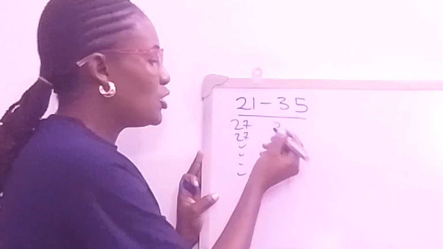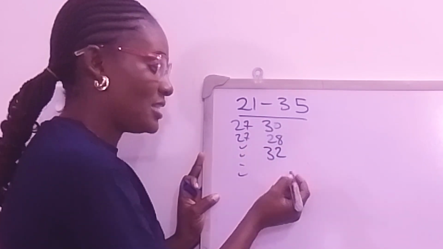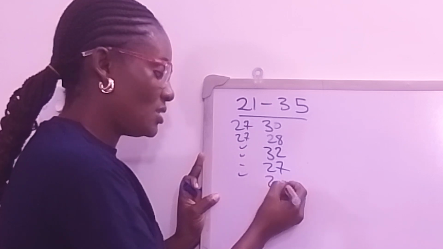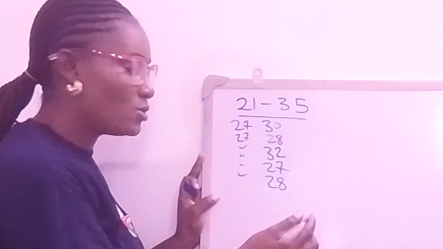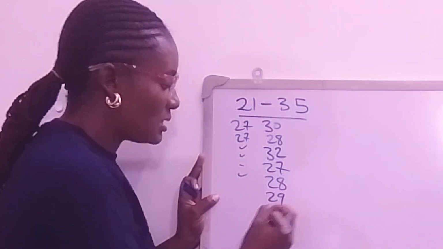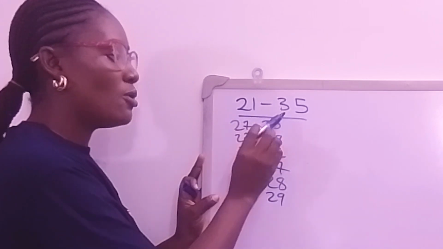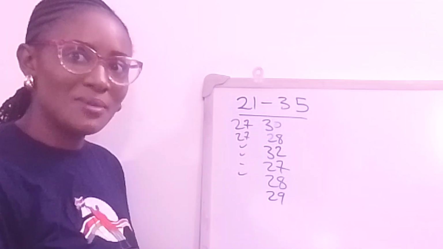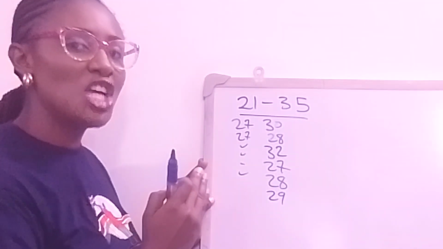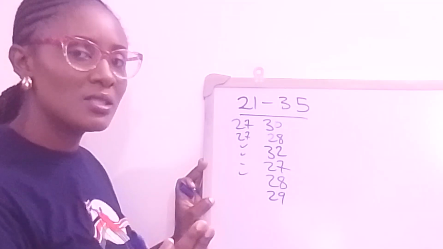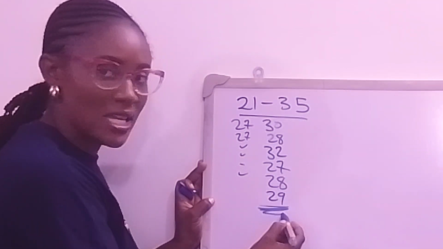The next month you got 28, next month 32, next month 27, next month 28, and the 6th month you got a 29 days menstrual cycle. Look at these numbers, they all fall within the normal range, but they vary every single month. This is still regular, but varying. This is what I'm going to be talking about in today's video.